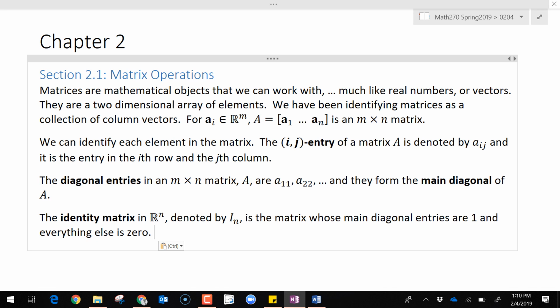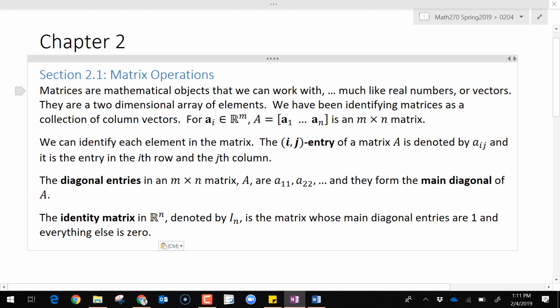So they are two-dimensional array elements. We have identifying matrices as a collection of column vectors. This is the way we're going to look at matrices a lot. Instead of looking at matrices as an array of numbers with different numbers in different rows and different columns, one really common way we're going to look at matrices would be a collection of column vectors.